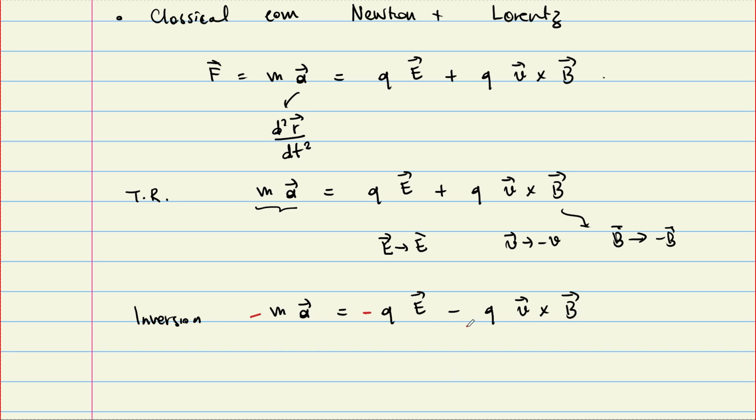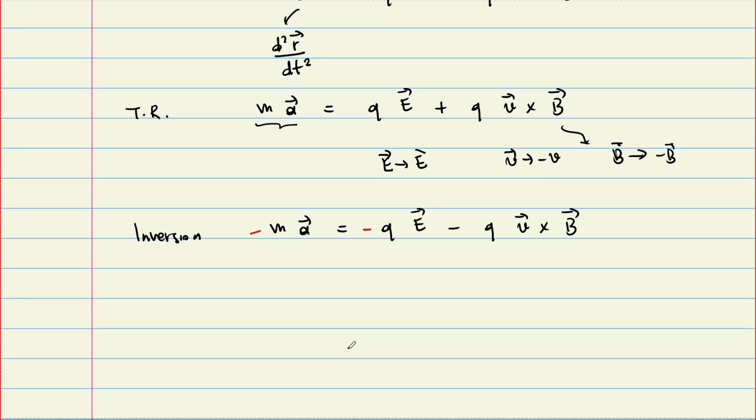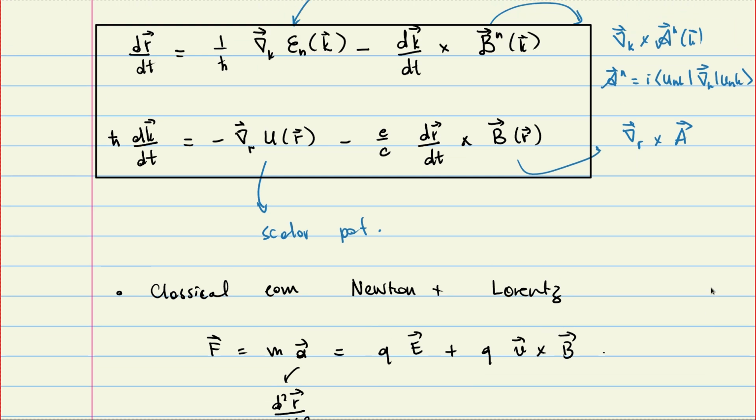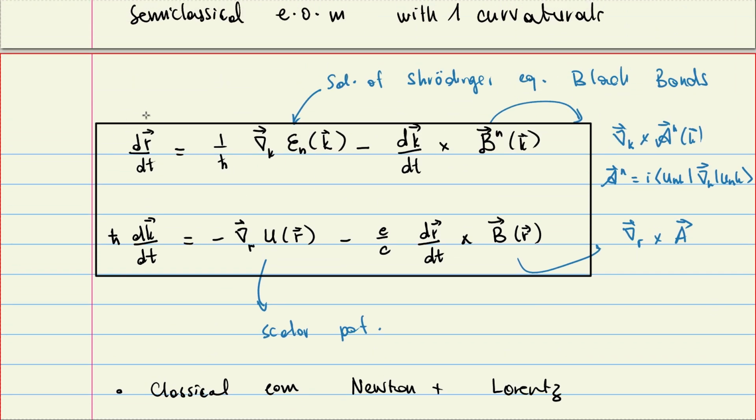But there's an overall minus. You can see the equation of motion in both cases did not change. That's what should happen, right? Same equations of motion under time reversal and inversion. Now I want to play exactly the same game but for these equations, so let's copy.